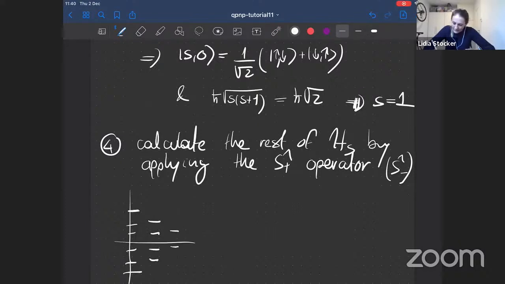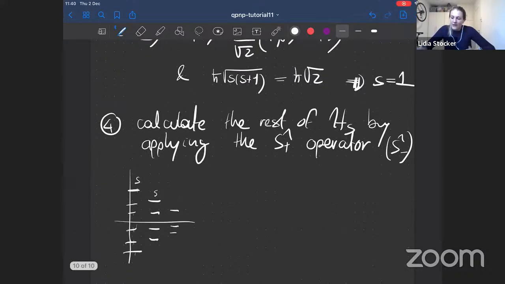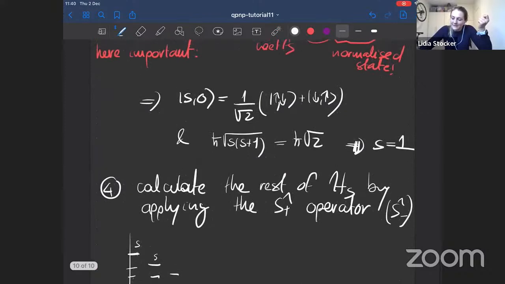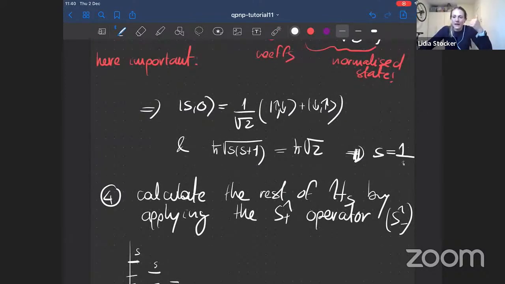So this is a fixed S, and these are all of the m's possible. This is another S, and these are all of the m possible. So this is just a calculation, and once you get a 0, you see, okay, I spanned my full Hilbert space. Or actually, if you know S is equal to 1, this means m can be -1, 0, and 1, because it can always be between -S and S. So you have to find 3 states.